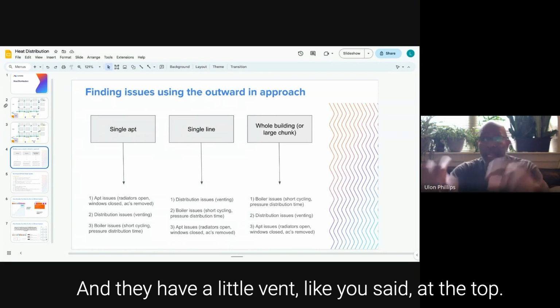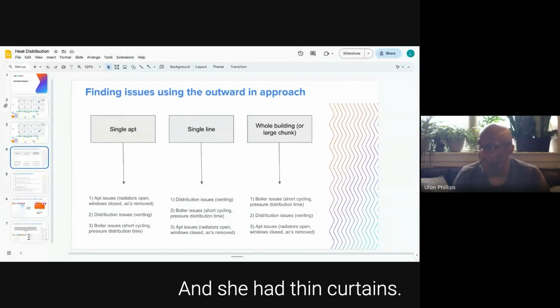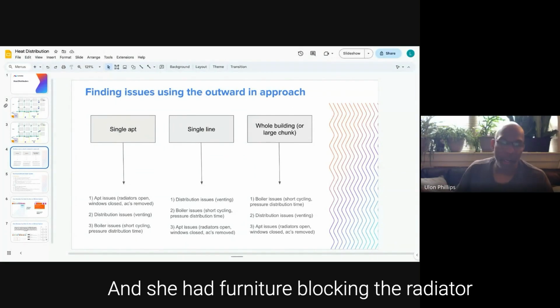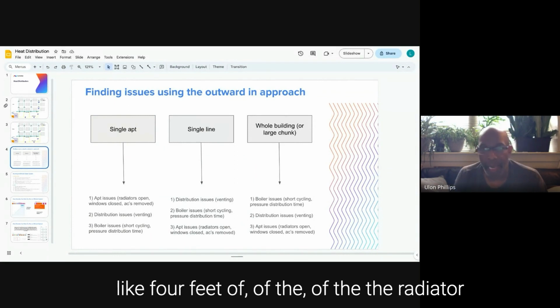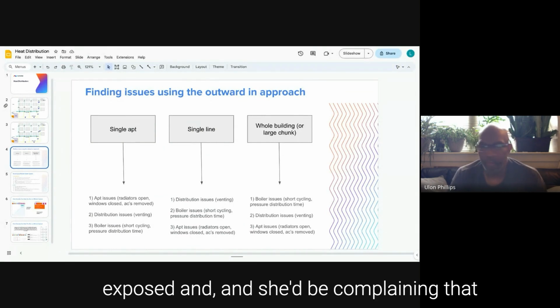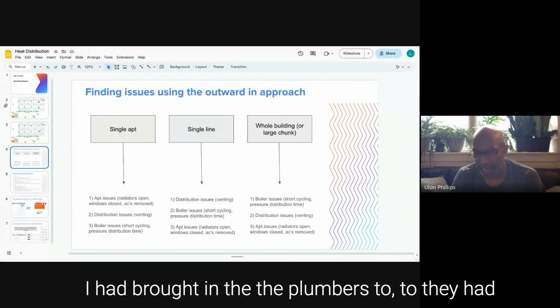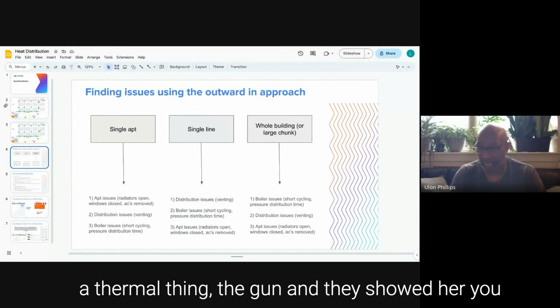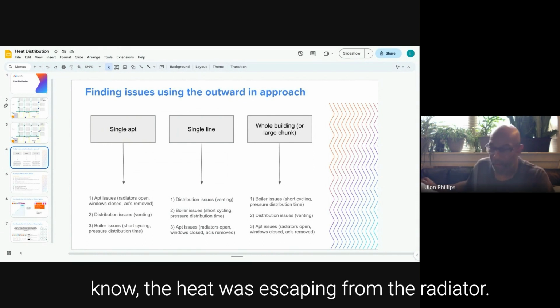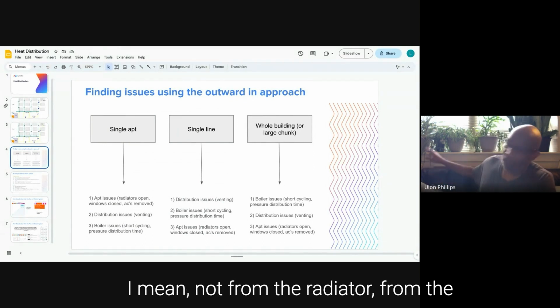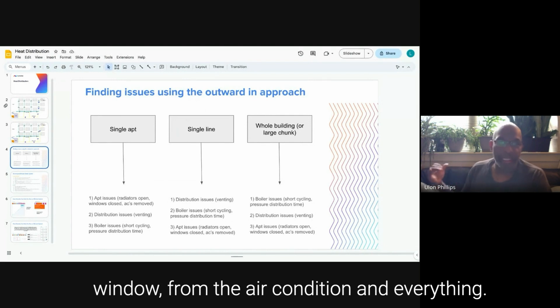She has furniture blocking the radiator because we have the wall unit, with about 4 feet of the radiator exposed, and she keeps complaining that her room is really cold. I brought in the plumbers with a thermal gun, and they showed her the heat was escaping from the window, from the air conditioner and everything.